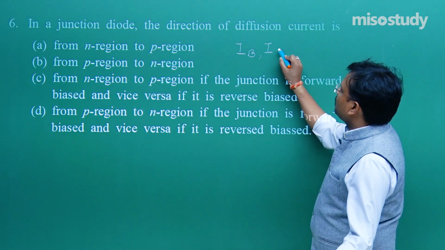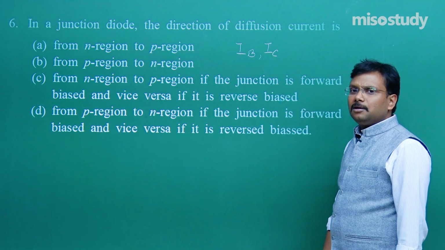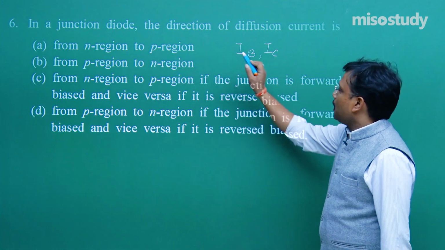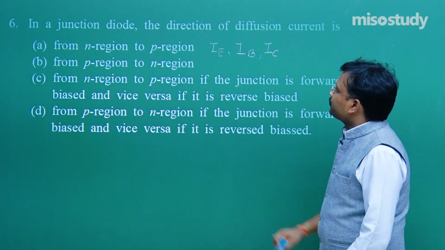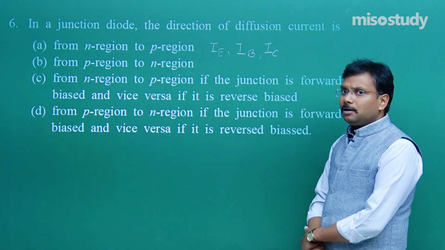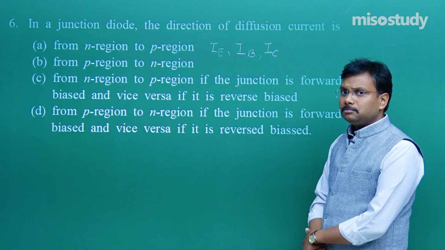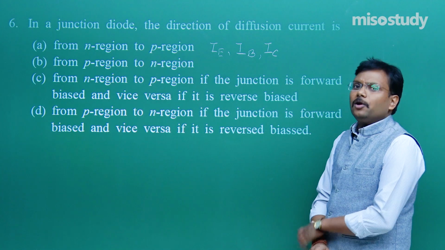If I am saying IC, collector current, you will say yes, we know that. IE, you will say yes, it is emitter current. Then diffusion current, conduction current, you will say yes, these terms are not new for us.